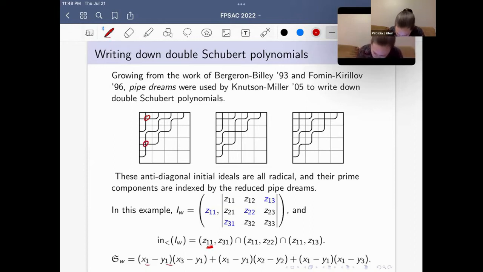And this 3, 1, which is this 3, 1, I think it's also that 3, 1, is showing up as a prime component of this anti-diagonal initial ideal. So we have a relationship between pipe dreams and the Schubert polynomial, and this monomial ideal that's associated to the defining ideal of the matrix Schubert variety.